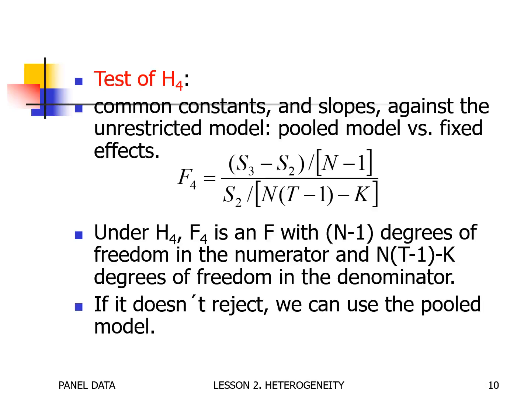It is telling us how to compare two different models: the pool model, which has sum square residuals of S3, and the other model that has sum square residuals S2, which is the fixed effect model.